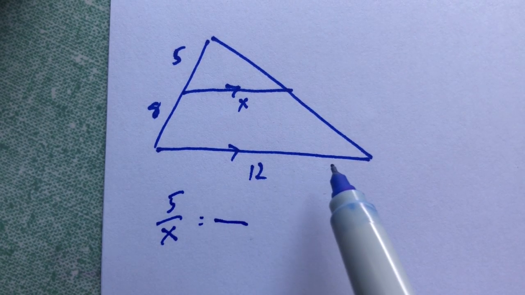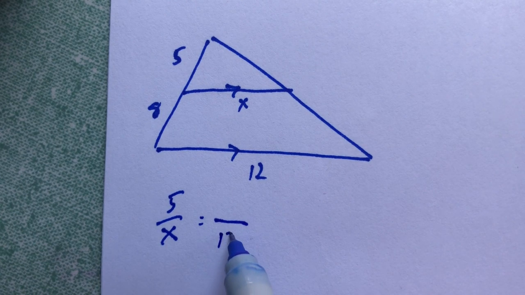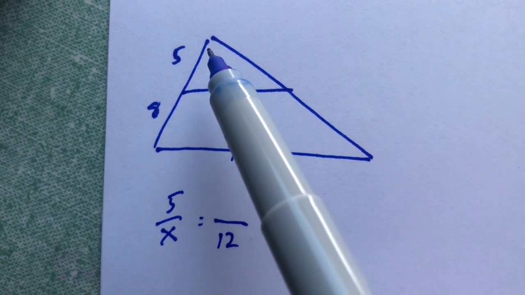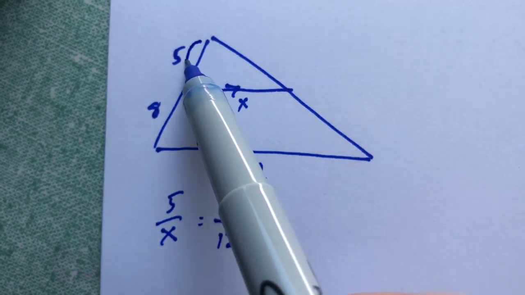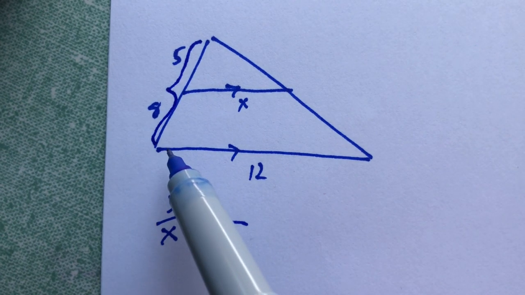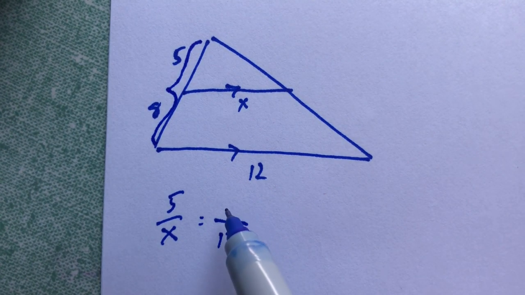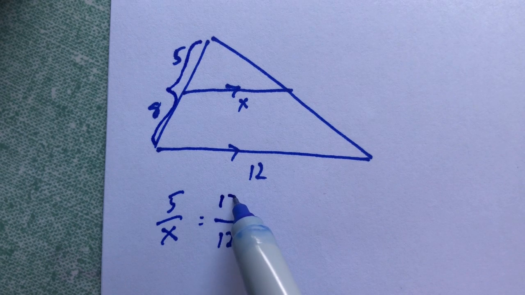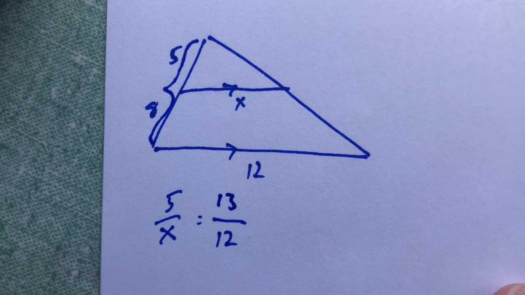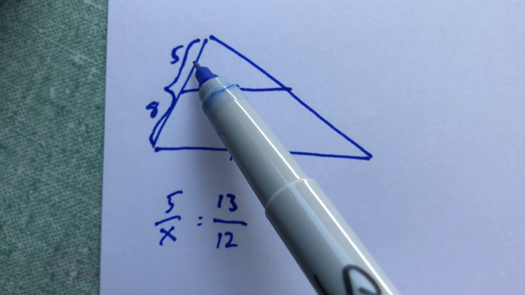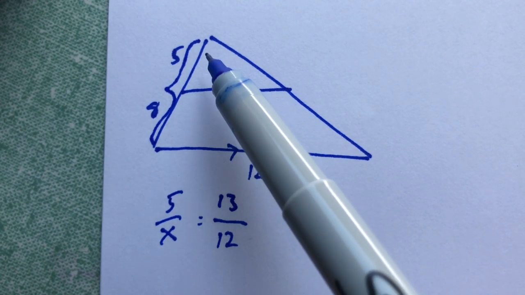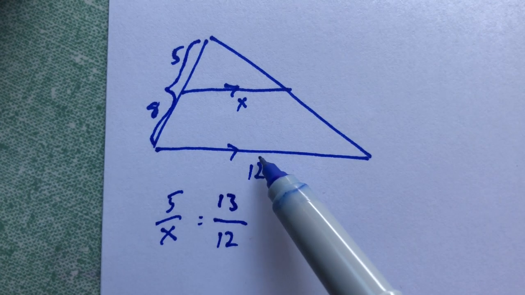The bottom of the larger triangle is clearly 12, so that matches up here. But we have to consider this entire side, so we have to think about 5 and 8 together. That side is going to be 13, and that goes in there. So we're saying this whole side of the small triangle over the bottom is equal to this whole side of the big triangle over the bottom.